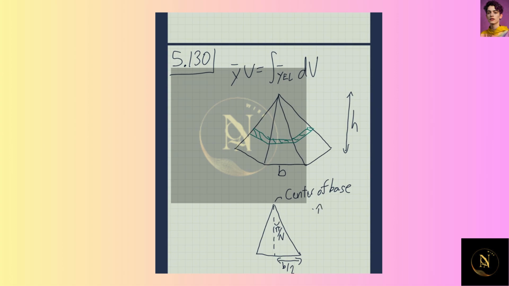And this angle here is going to be pi divided by the number of sides, which makes a length of this triangle b over 2 divided by tangent of pi over the number of sides.